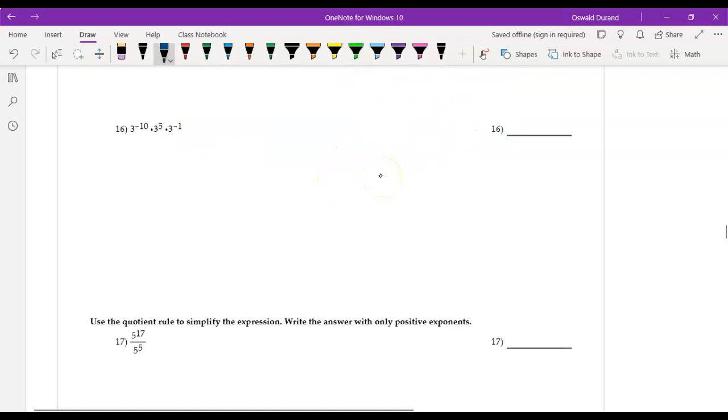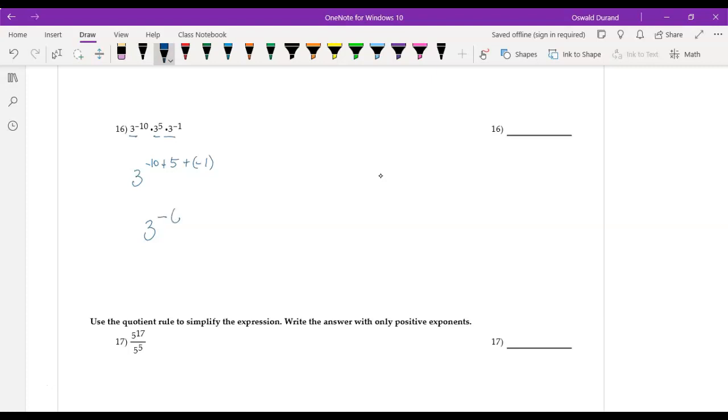All right, so let's look at this here. So you have 3, 3, and 3, and everything's being multiplied, so we can add all the exponents. So it's going to be 3 to the power of negative 10 plus 5 plus negative 1. Negative 10 plus 5 is negative 5. Negative 5 plus negative 1 is negative 6.